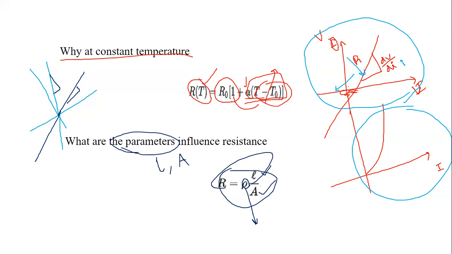So if you consider the resistance, you have to see two concepts. One is the temperature, whether the temperature is constant or not. If the temperature is constant, Ohm's law is always valid. If the temperature is not constant, the resistance is also a variable because it depends on the temperature.